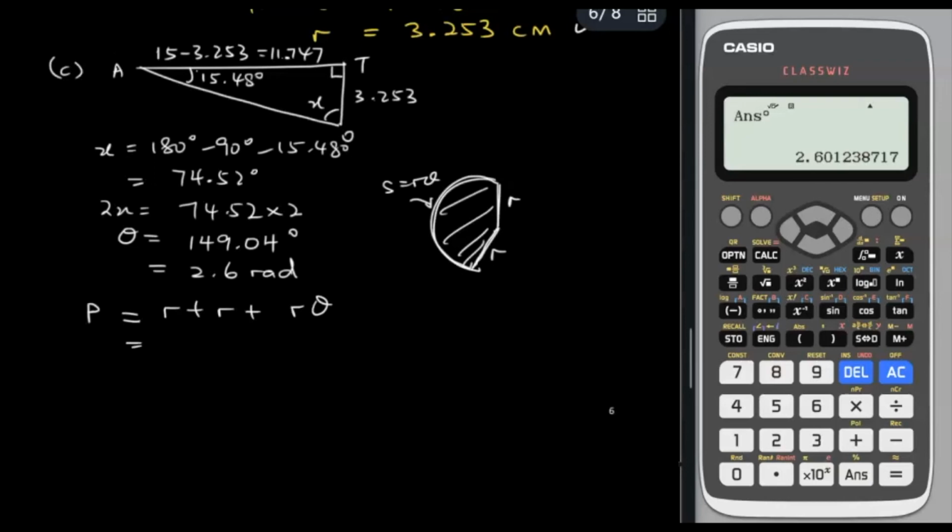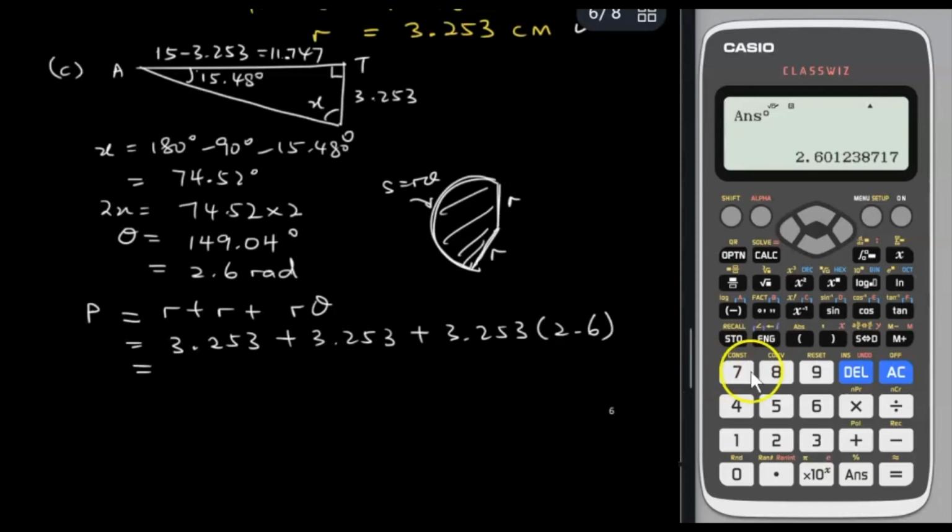R we already got is 3.253. So 3.253 plus 3.253 plus 3.253 times theta, which is 2.6.